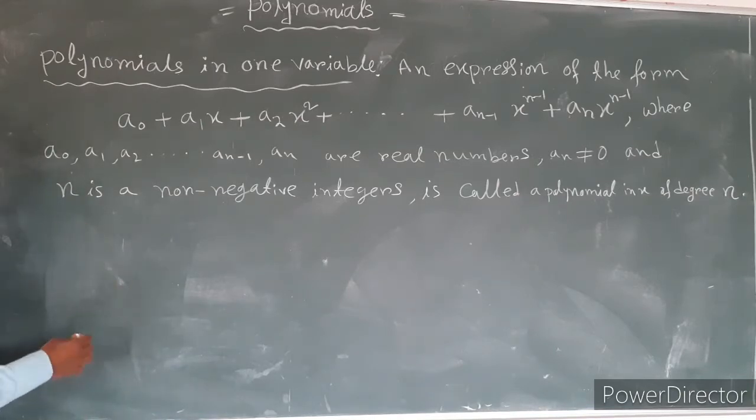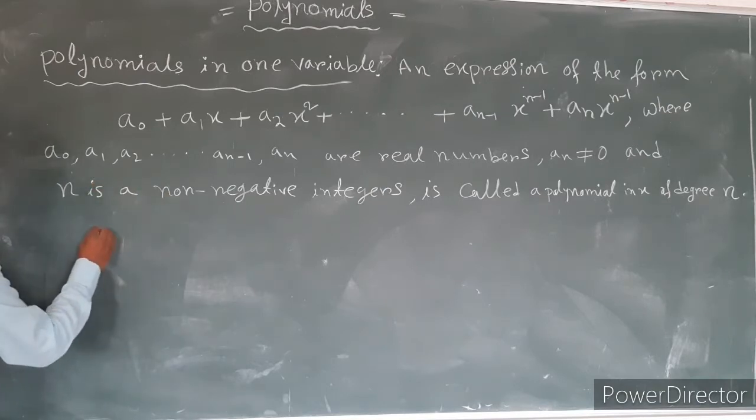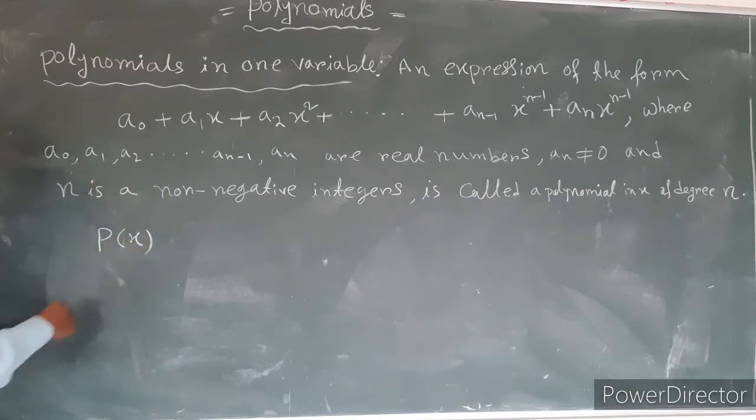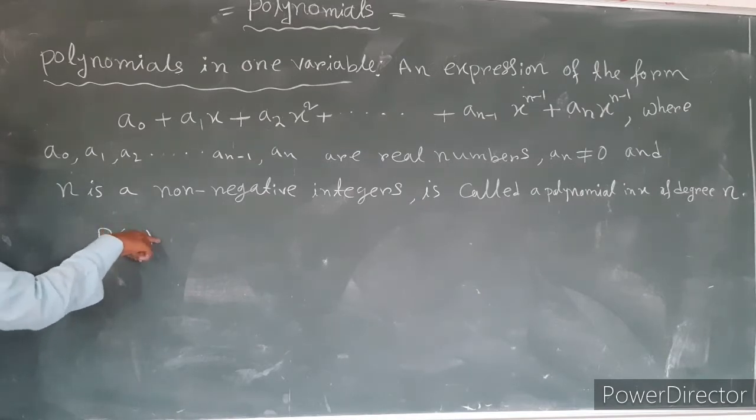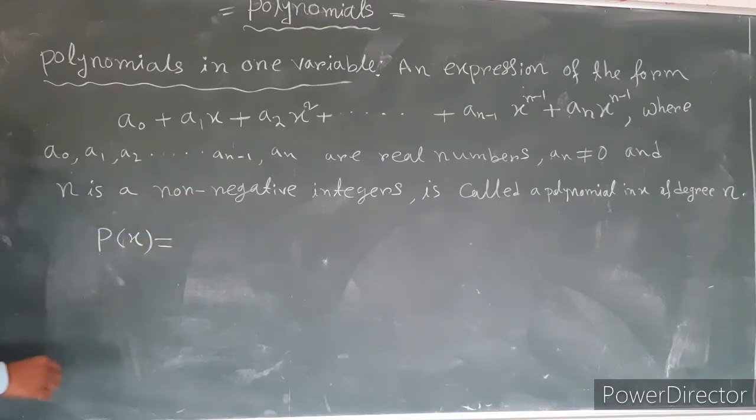We generally denote a polynomial as p(x), f(x), g(x) and so on. p(x) means the polynomial in x, that is, x is the variable.